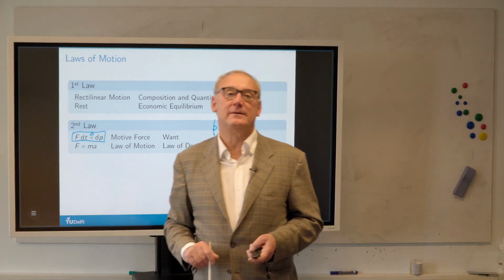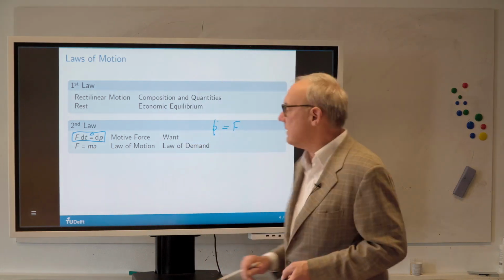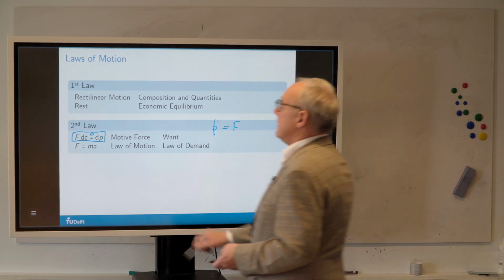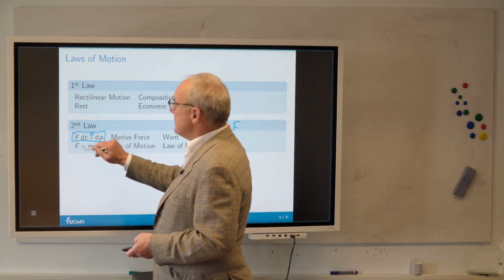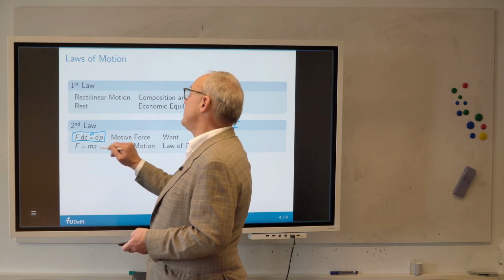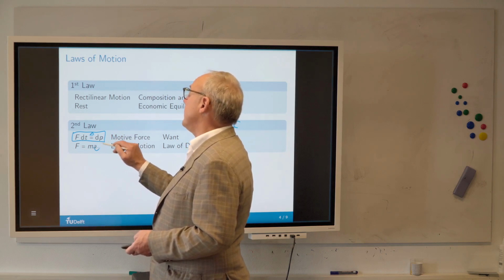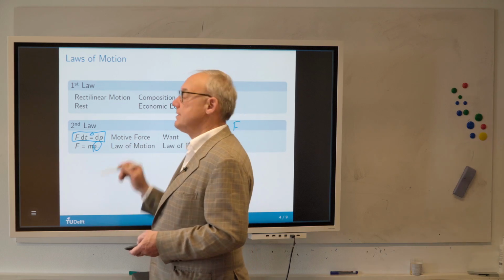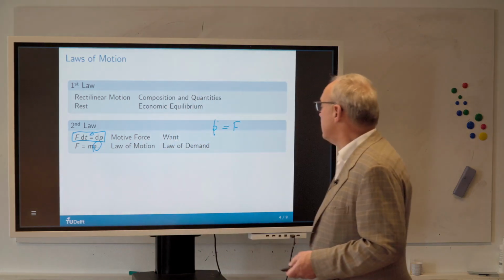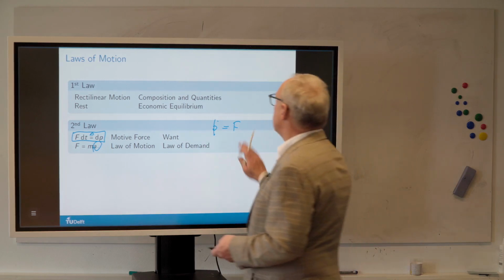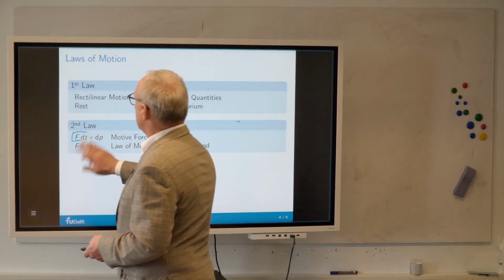I'll put in the update on the slides later. So that extension of demand, so that the wants are always proportional to the change in the quantity demanded, which he calls the extension or the contraction of the demand.